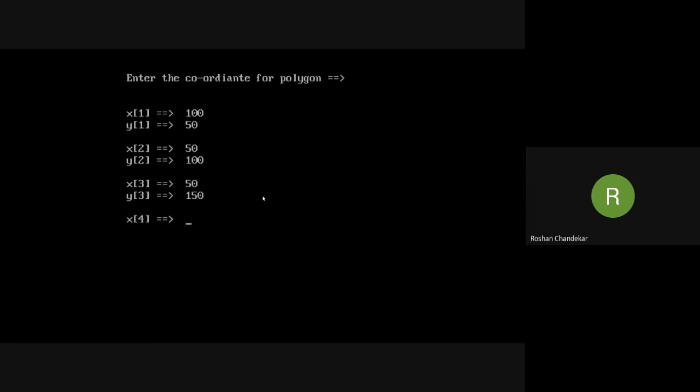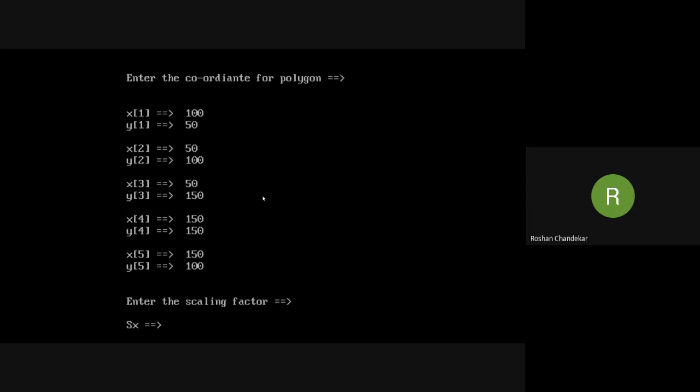Then x4 is 150 and y4 is 150. And the last one, x5 is 150 and y5 is 100. Now I'm going to enter it.